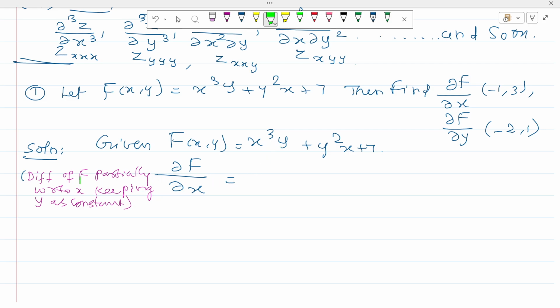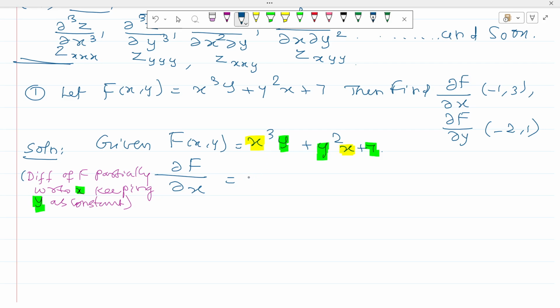When you are differentiating with respect to x, keeping y as a constant, what are the constant terms for this? This term is constant and this term is constant. This term is constant. What are the variable terms? This is the variable. This is the variable. Is it not? So now you have to differentiate with respect to x.